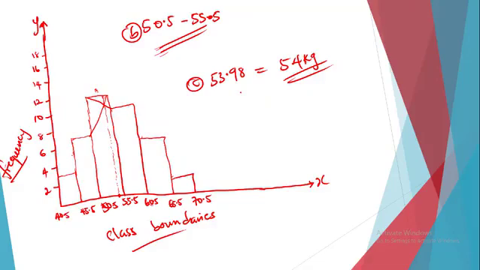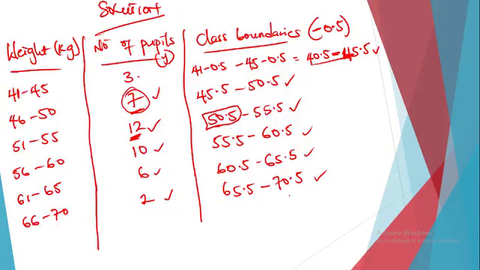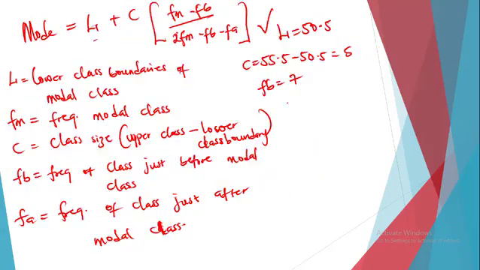Now we've gotten the value of FB. Okay, let's get the value of FA. FA is the frequency of class just after the modal class. After the modal class, we have 10. So our FA is equal to 10. Are we following? Fine.